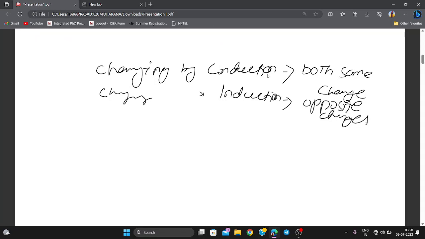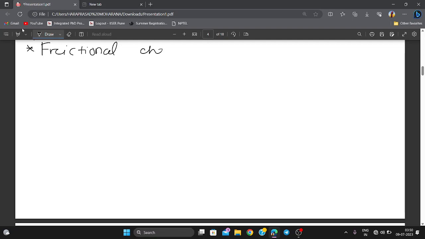Okay, so next we will move to frictional charging. The next part is frictional charging. Okay, heading of frictional charging. What do you mean by frictional charging?